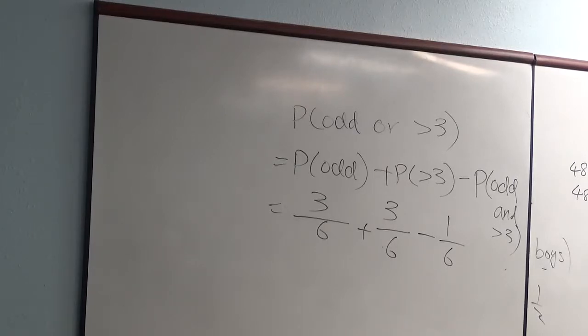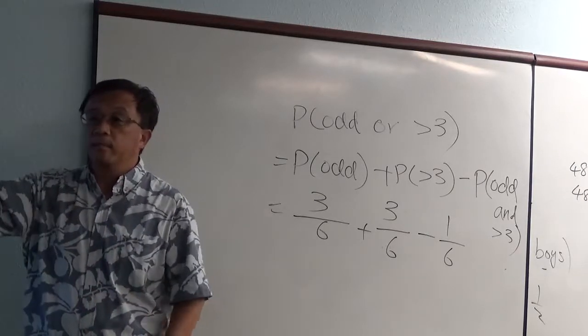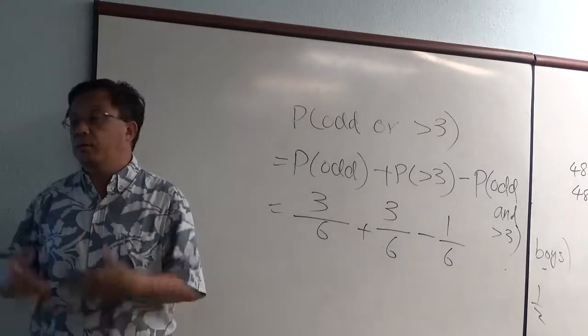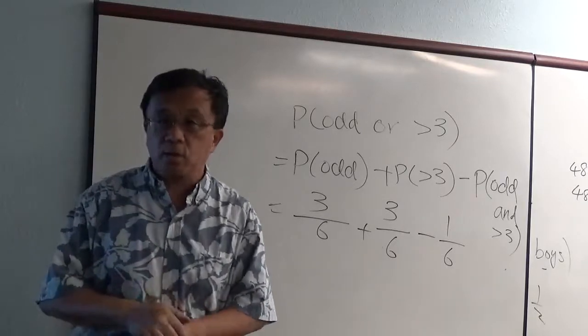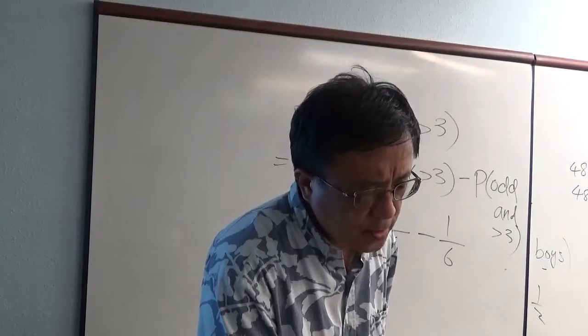So the probability of less than 3 plus the probability of getting a 6. But you don't have to subtract, because the two events are mutually exclusive. They cannot happen at the same time. Okay.